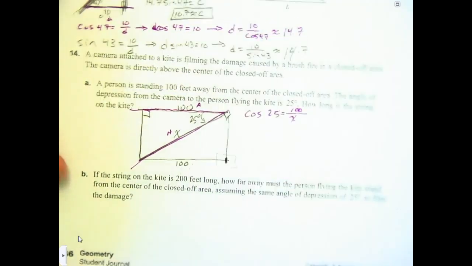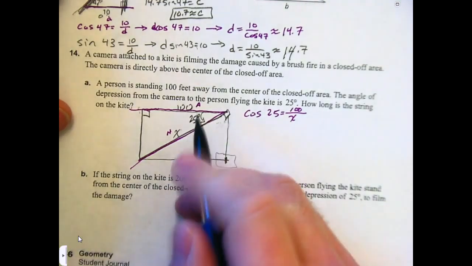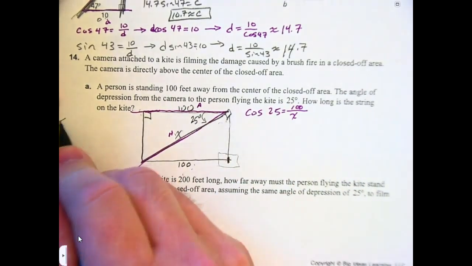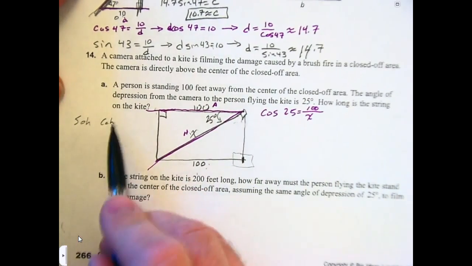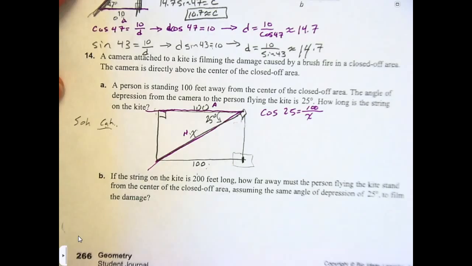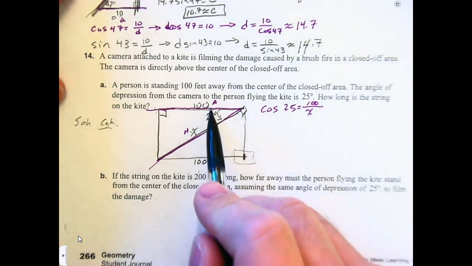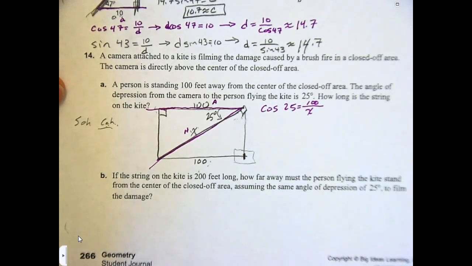Make sure you're using the correct thing. How do you know whether to use cosine or sine? You're dealing with adjacent and hypotenuse. Remember SOHCAHTOA? CAH is adjacent over hypotenuse.